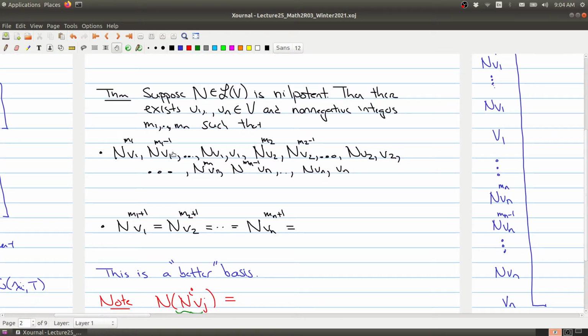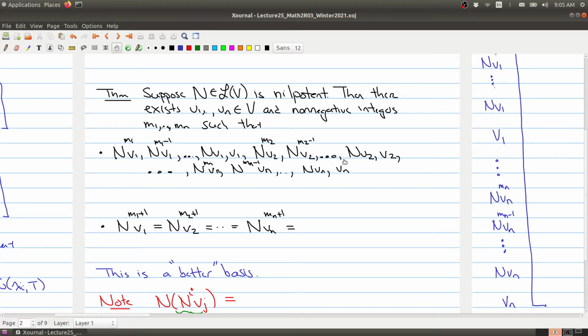It says: take a nilpotent operator N, then there exist vectors v_1 to v_n in V and non-negative integers m_1 to m_n such that you take N raised to the power of m_1 evaluated at v_1, down to N raised to the power m_1 minus 1, and so on; you're decreasing the exponent of the operator for v_1. Basically, you take v_1, apply N to it, apply N squared to it, and so on, and you're doing it m_1 times.